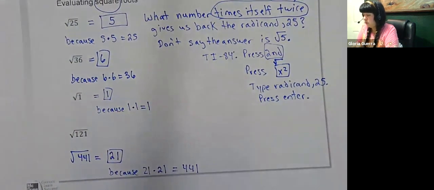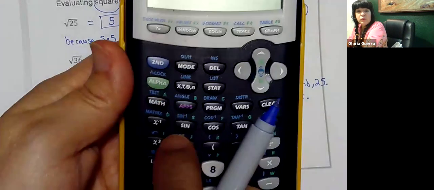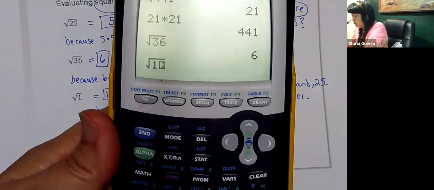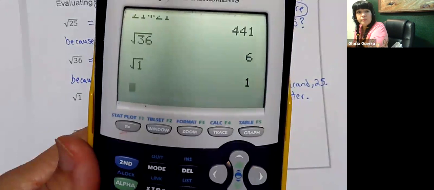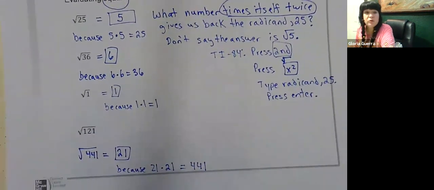So second, square root 1, and then press enter, is 1. See that? And then square root of 121.